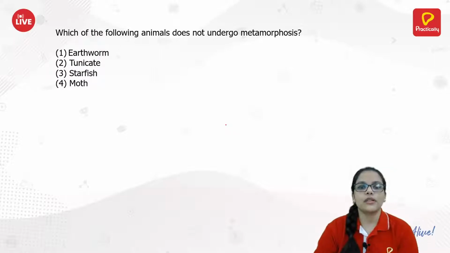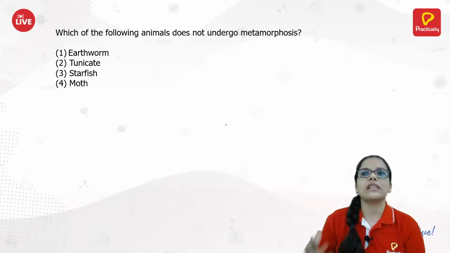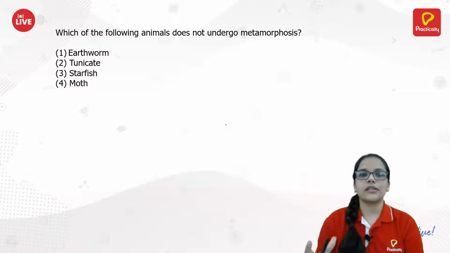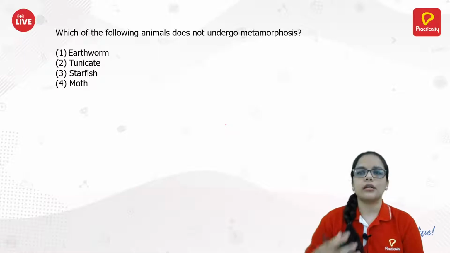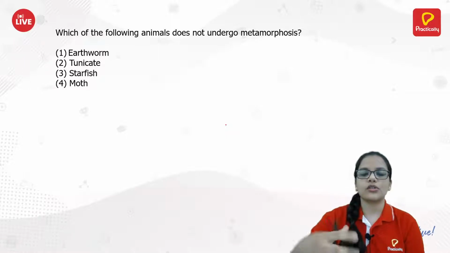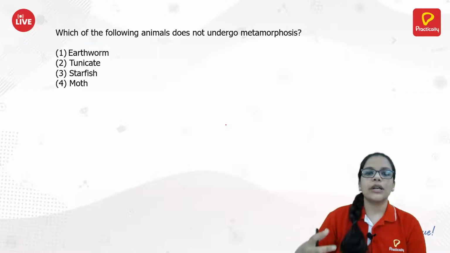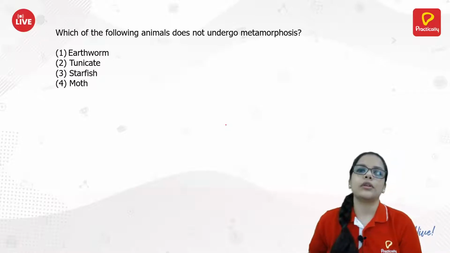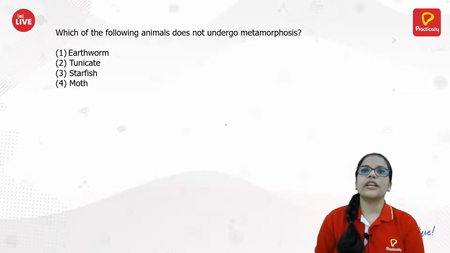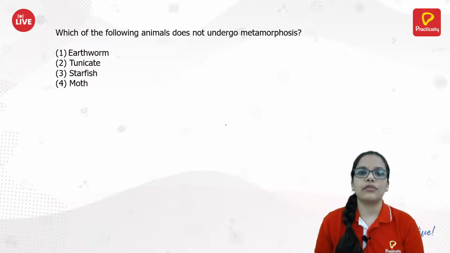Which of the following animals does not go through metamorphosis? Metamorphosis is the type where the animals will start from a different shape and structure to form a different one, like in butterfly you can see larva, pupa, and then butterfly. Similarly in frogs you can see tadpoles and then frogs.